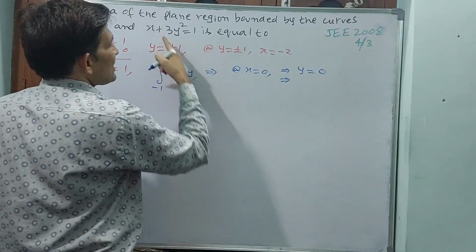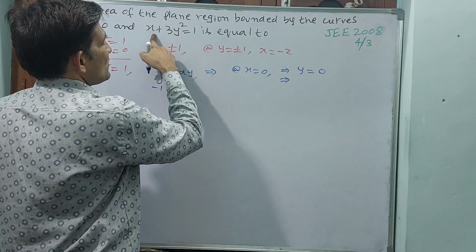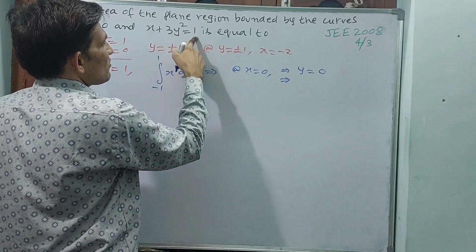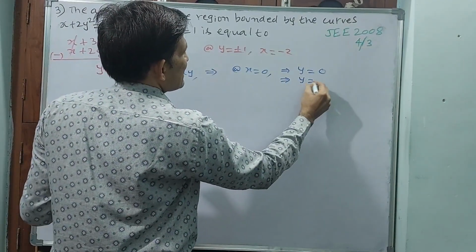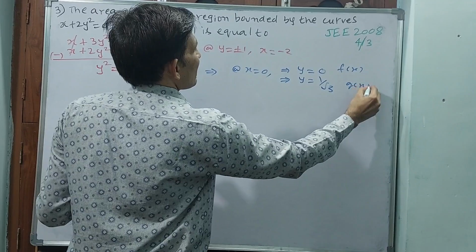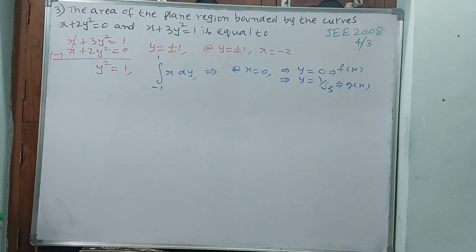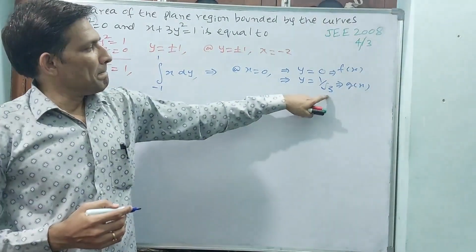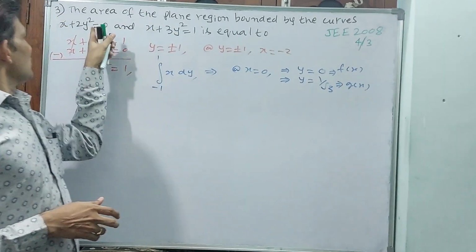But for the second function, if x is 0, then 3y square is equal to 1, y square is equal to 1 by 3, y is equal to 1 by root 3. This is for f of x, this is for g of x. Now which is bigger? This is bigger. Then you subtract from this function to this function.